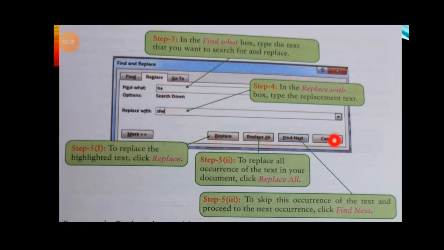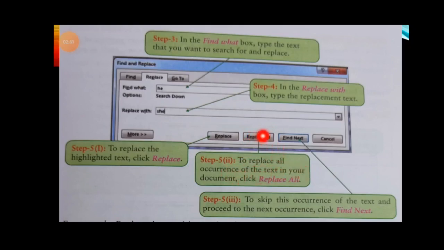The options are there: replace, replace all, find next, and cancel. If you click on replace, it will replace the highlighted text. It means the first word which is highlighted, it will replace only that one. But if you click on replace all, it will replace all occurrences of the text in your document.